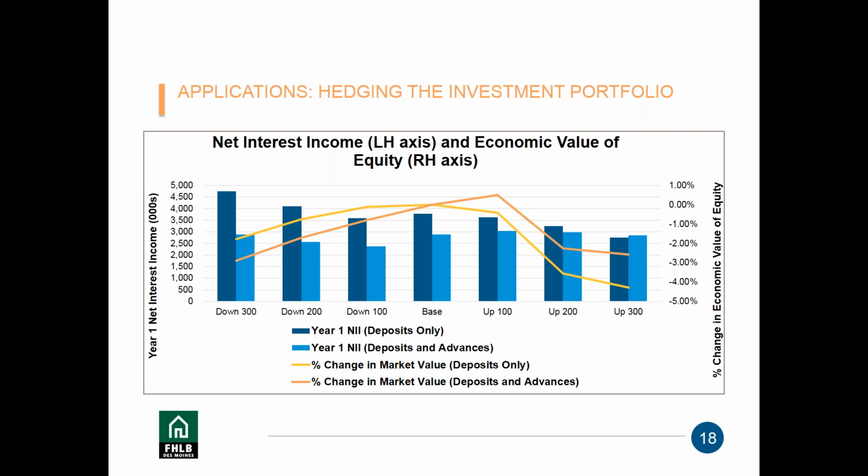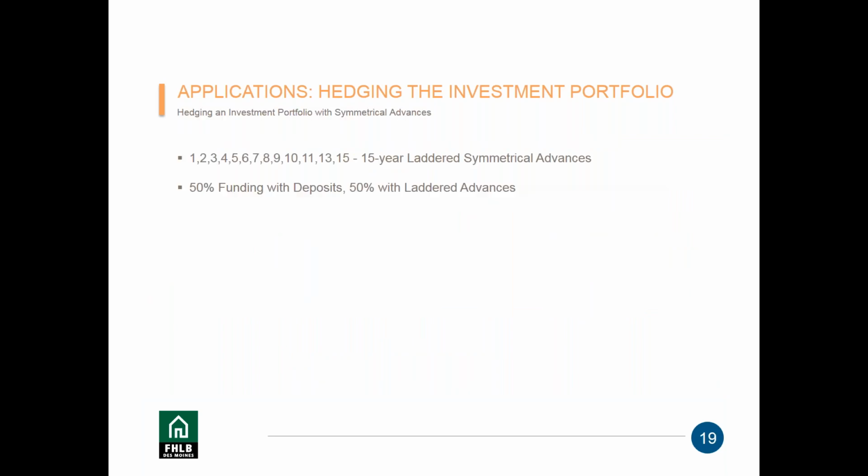And the lighter line, the yellow line here, in this case, is going to represent deposits only. So the bars, the histogram, show that once we hit a rate shock of plus 300 basis points, not just in terms of market value, but also in terms of net interest income, we're better off with a blended strategy.